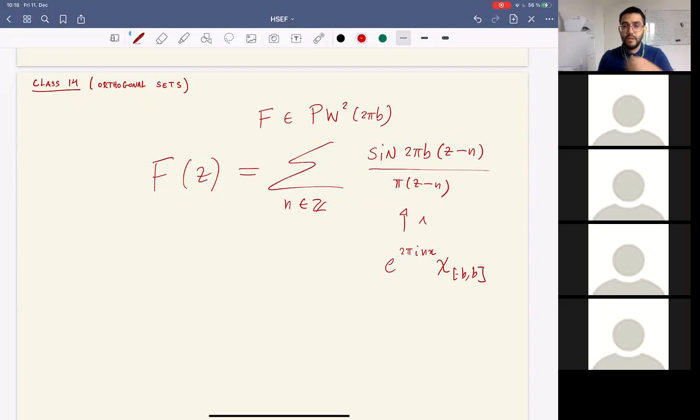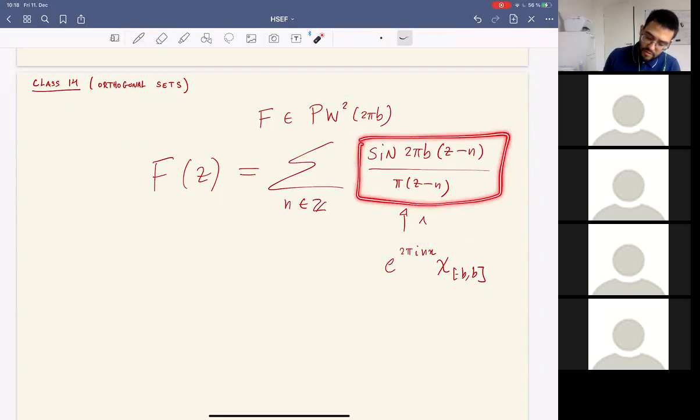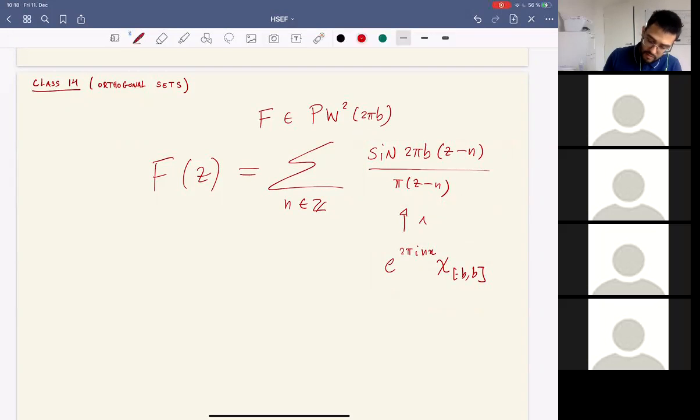So we used the orthogonality of these to conclude that these functions actually form an orthogonal basis for the Paley-Wiener space.